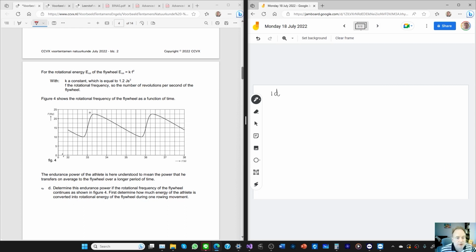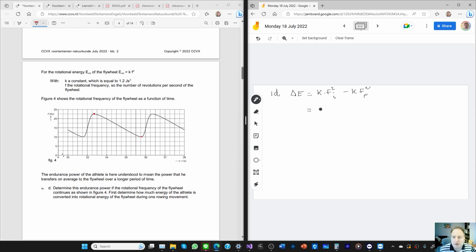Well, during one movement, the difference in rotational energy can be found from the frequencies here when it's high and when it's low. So the energy transferred will then be, if you look at one movement, k times frequency initial squared minus frequency final squared.